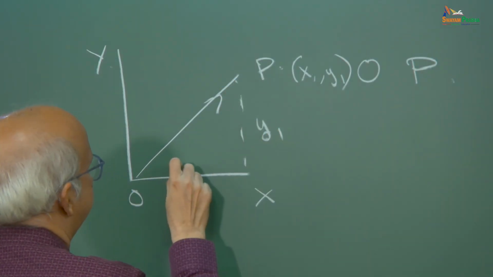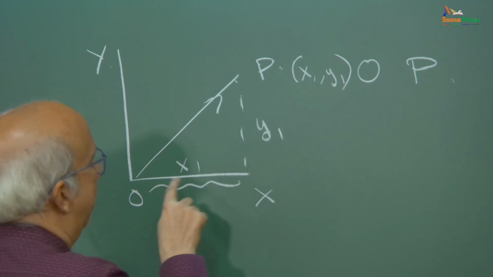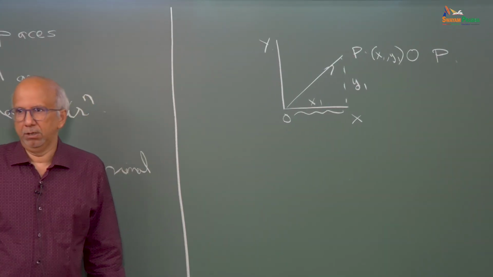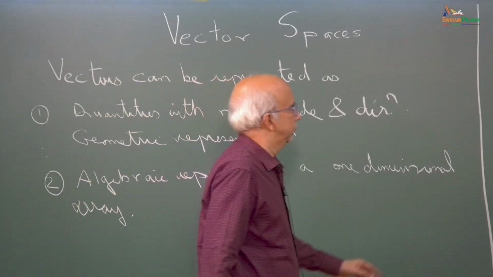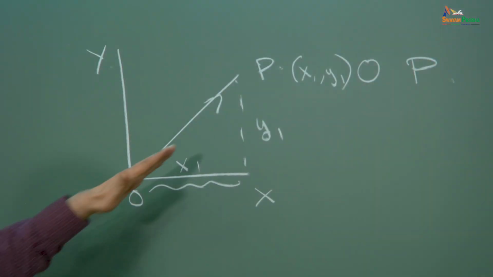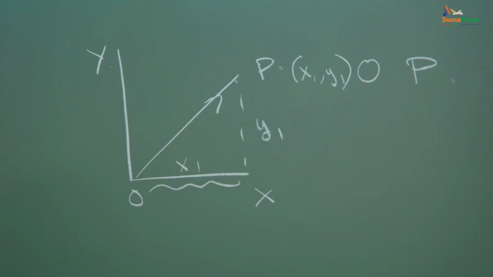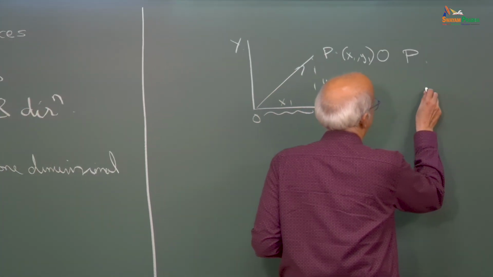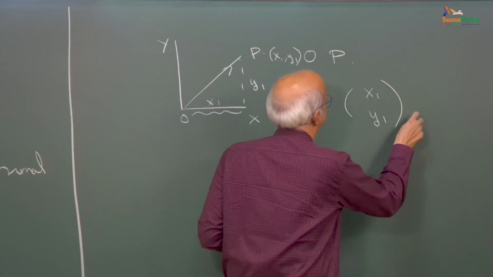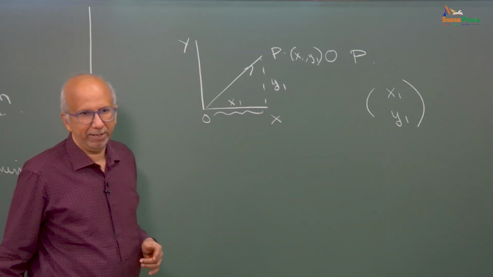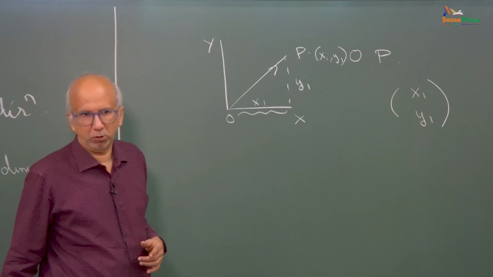That is basically the coordinates of P, and in the geometric representation you have this line segment as your vector. In the algebraic representation, we will represent the vector as x1, y1, the two coordinates.